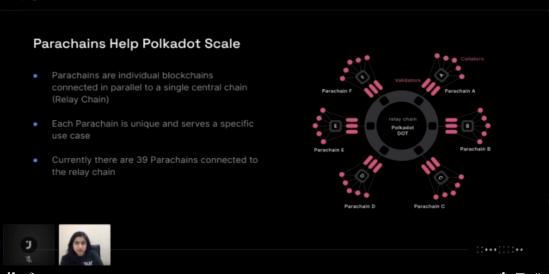So basically, the main relay chain, this main Polkadot chain, takes care of the networking needs, the consensus, the overall security, and the interoperability of this entire ecosystem, so that individual parachains can focus on their own use cases that they want to build. So this is how Polkadot functions, in very simple words.